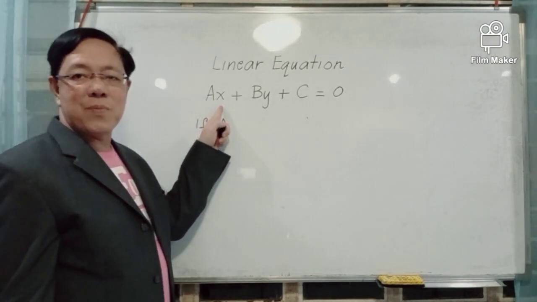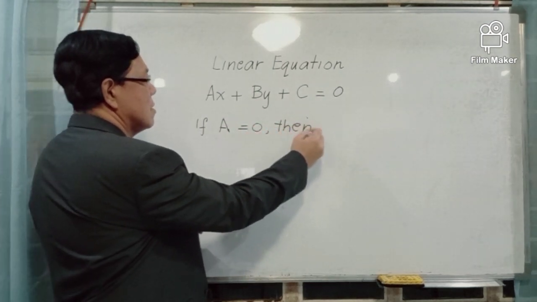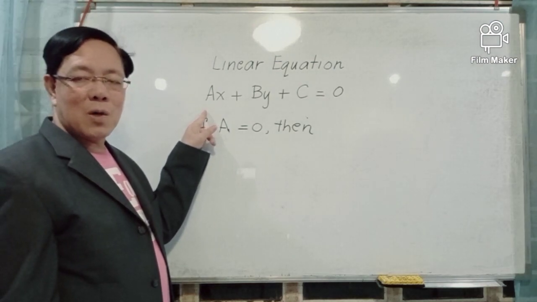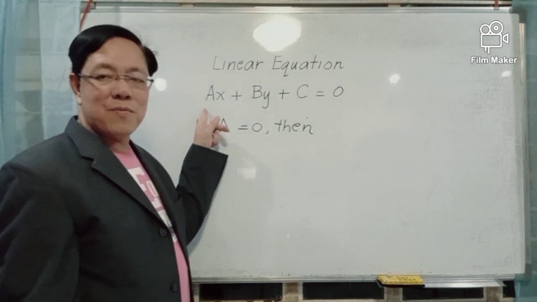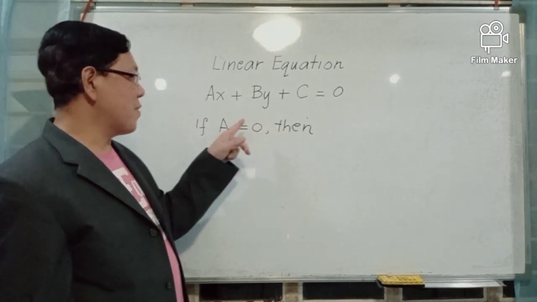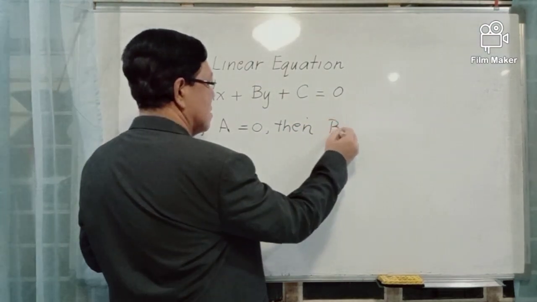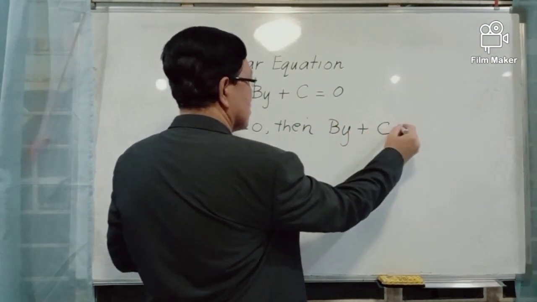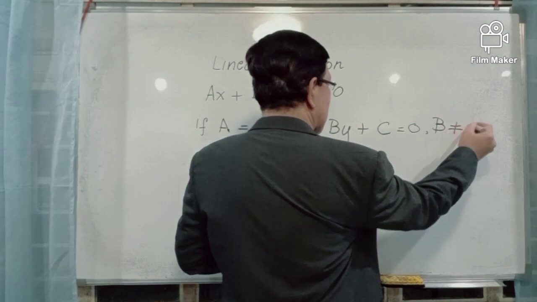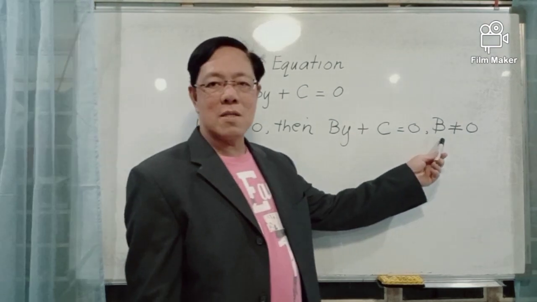If the coefficient of x, a, equals 0, then this general form for the equation of a line linear in 2 variables x and y would simplify to by plus c equals 0. And we take the coefficient of y, b, as a non-zero number.